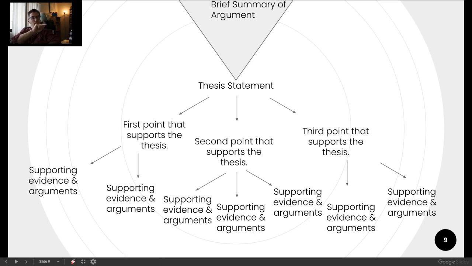So what is that, 7 points on the bottom, all 7 supporting evidence and arguments, they are all distinct. They're different. They're not saying the same thing over and over again. However, they are all supporting your thesis statement in 7 different ways. And so because they're all specifically supporting the thesis statement in some way, in this case, one of 3 ways, they are all relevant to the thesis statement and thus cohesion, because it's one piece. It's all directly linked to the thesis statement.